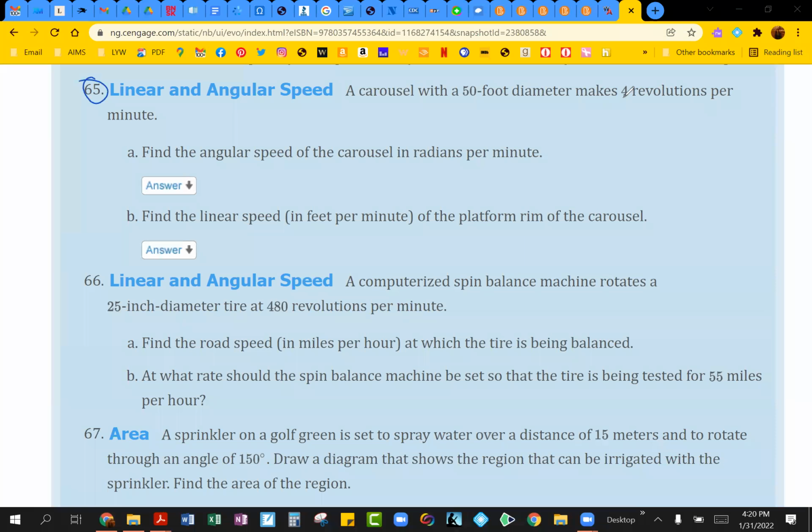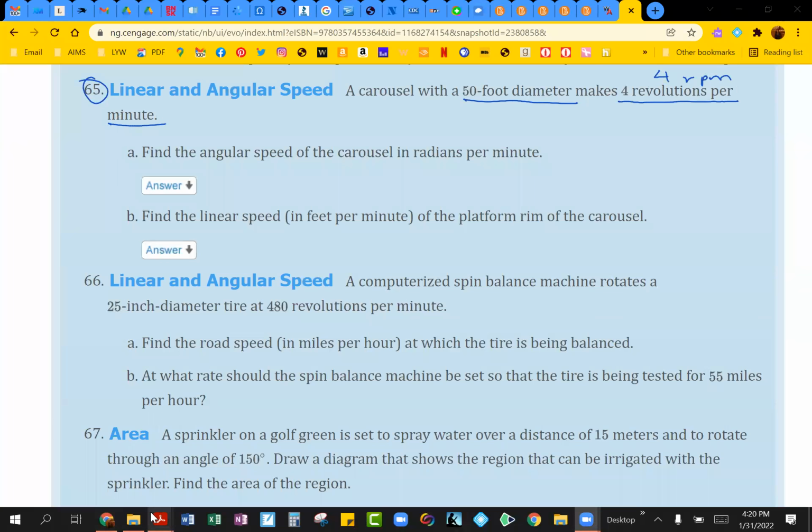So as you can see, they're telling us we are talking about a 50-foot diameter, and 4 revolutions per minute, which of course is 4 RPMs. That's something we're going to have to use to help us come up with our angular speed.